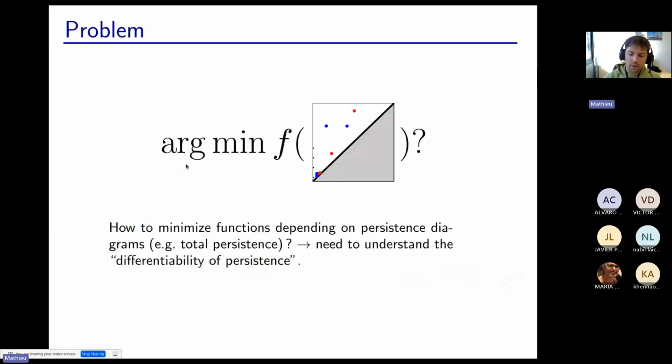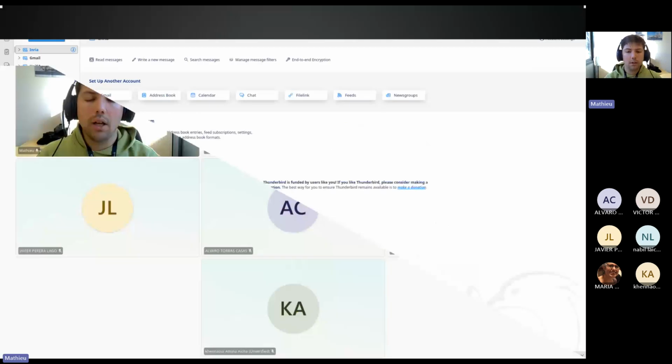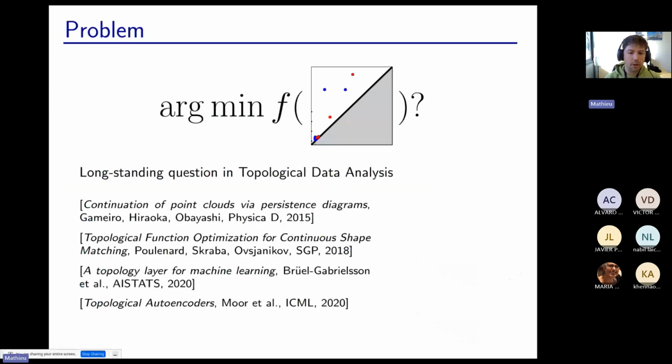If you want to minimize this function, and if you want to do it with gradient descent, that means you have to differentiate the persistence computation itself. So that's what I mean by persistence optimization, and that's the main theoretical topic of the work I'm going to present.